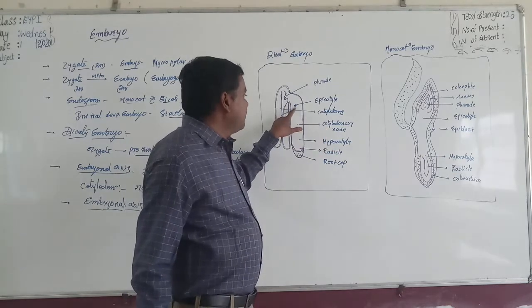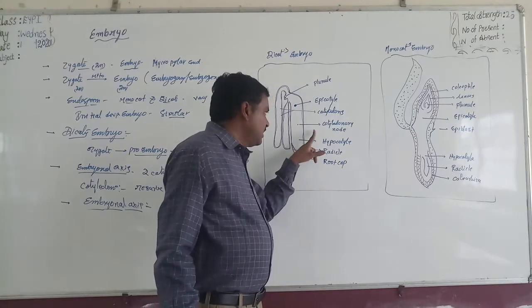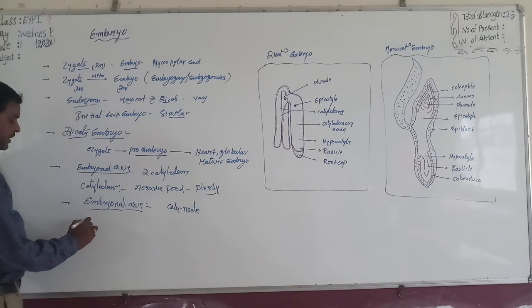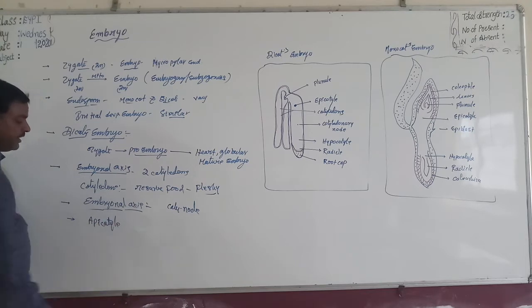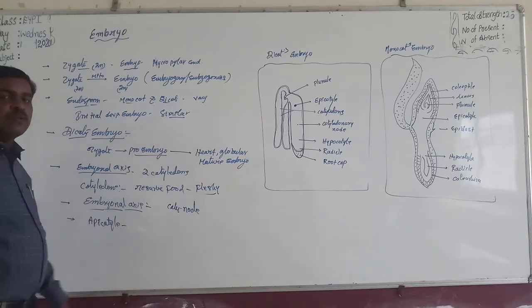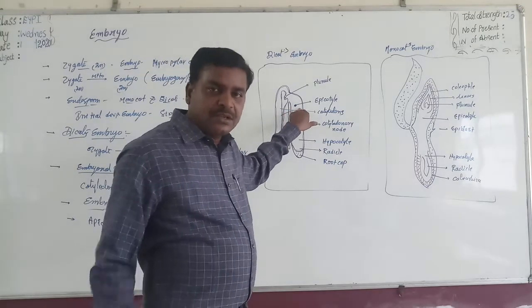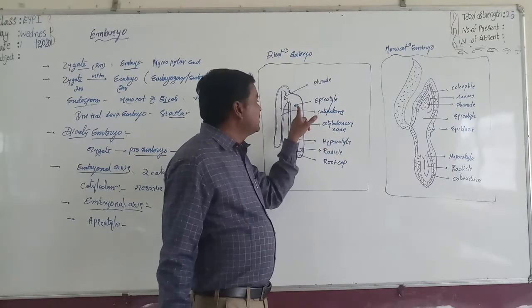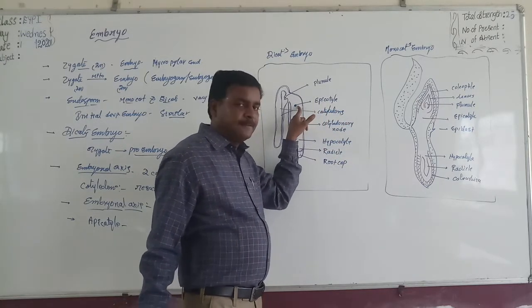The point of the embryonal axis present above the cotyledonary node. This is called the epicotyl.